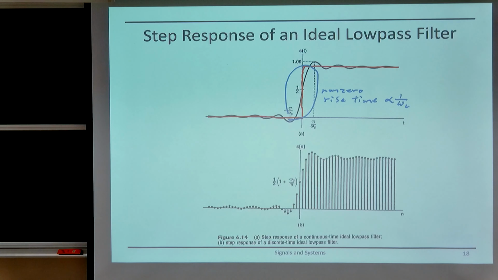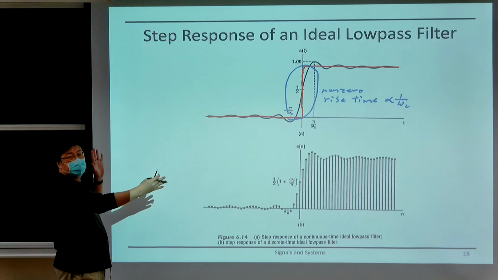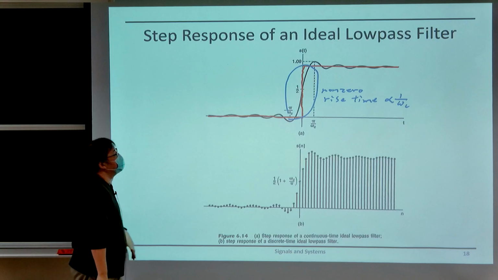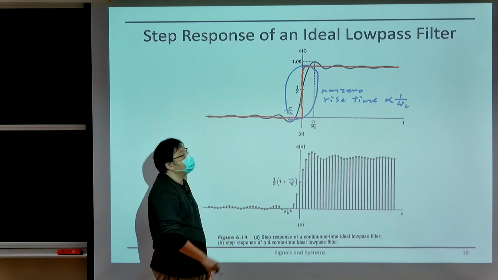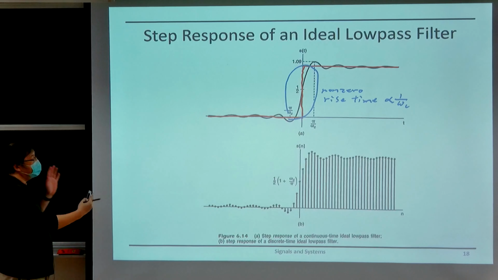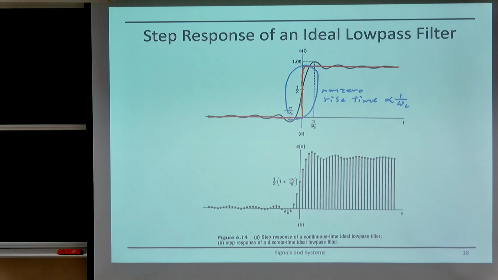So the larger the bandwidth, the faster you are able to rise from 0 to 1. And vice versa, if you have a smaller bandwidth, then it would take you a longer time to achieve this rise. And secondly, you observe an overshoot.